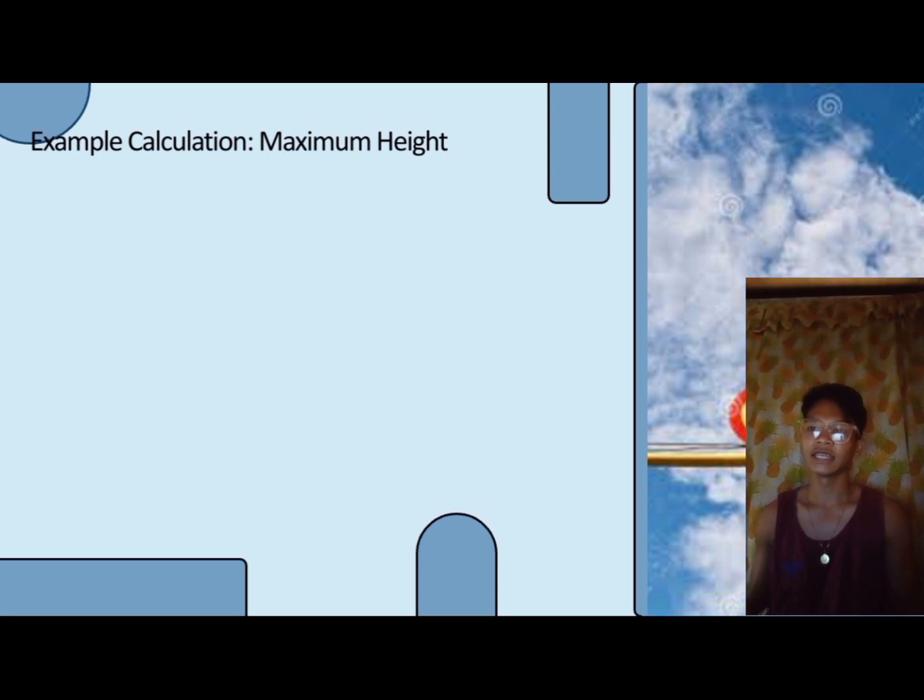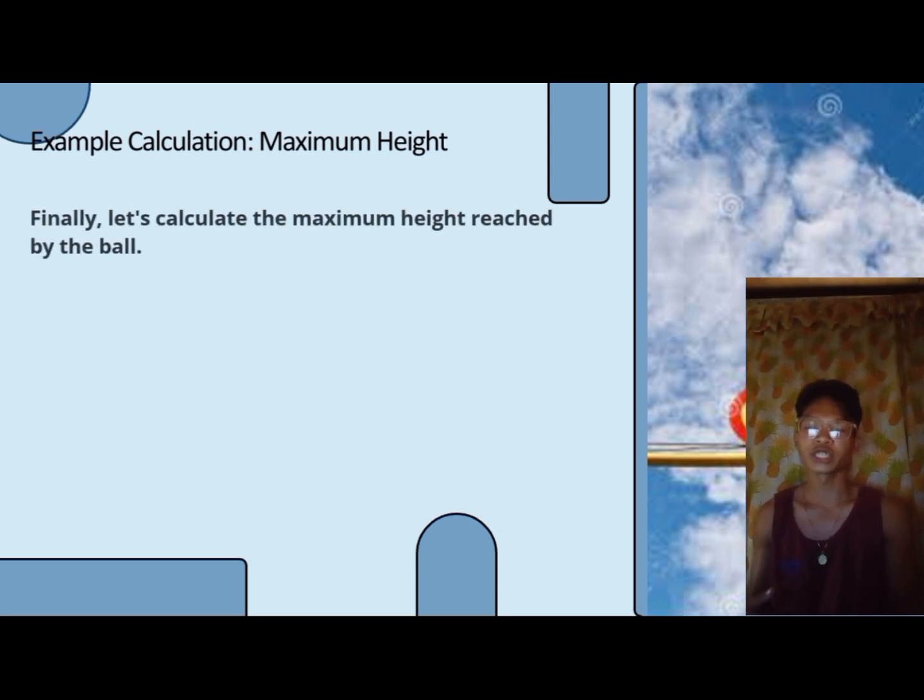And lastly, we have to calculate the maximum height of the problem. Finally, let's calculate the maximum height reached by the ball. To calculate the maximum height, we follow a step-by-step procedure.